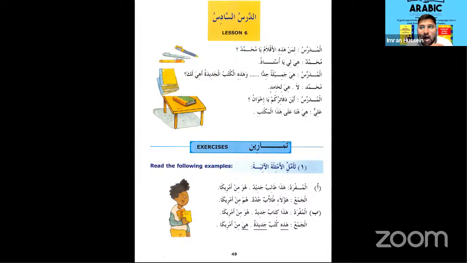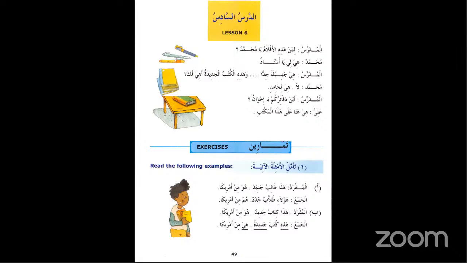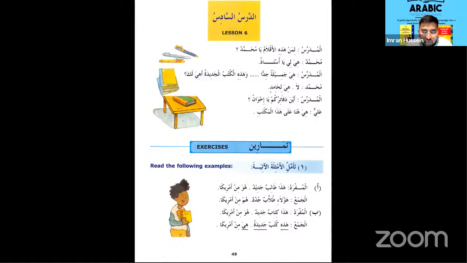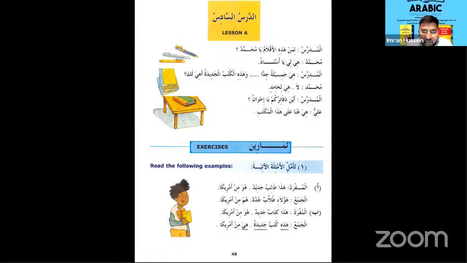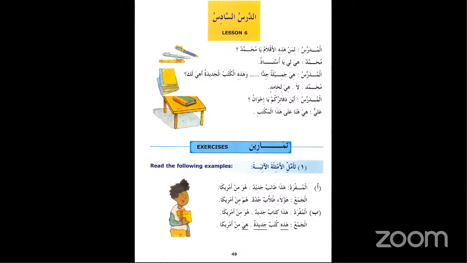Liman haulai al banatu. Okay. Whom are these daughters? Right. So now the plural of here is hunna, right? But when it's an object, it remains here. That was my question.